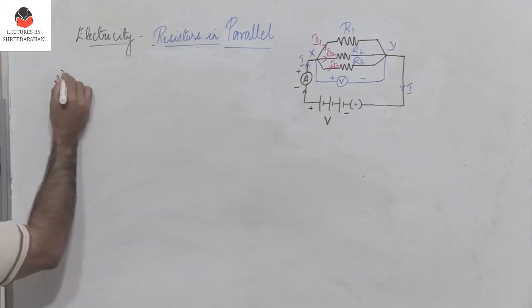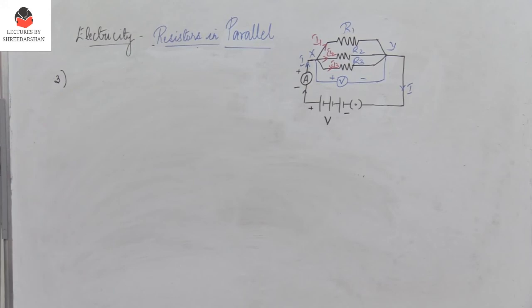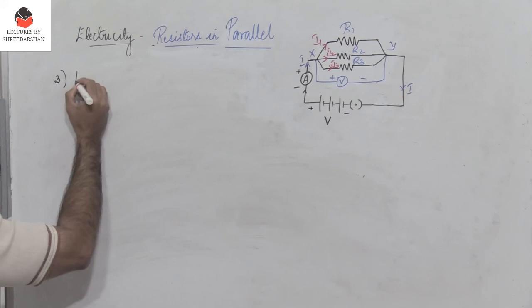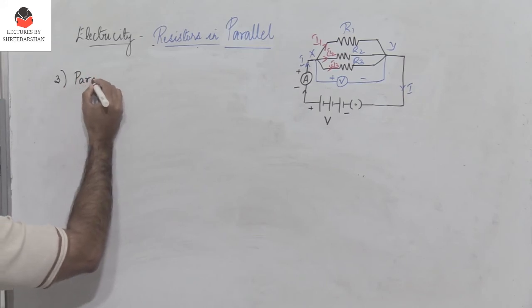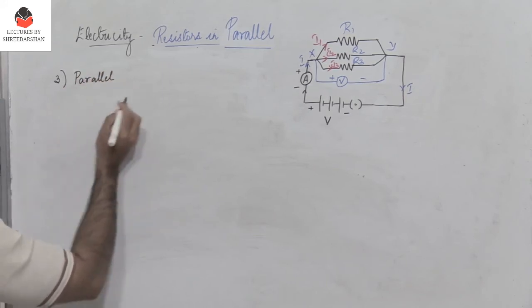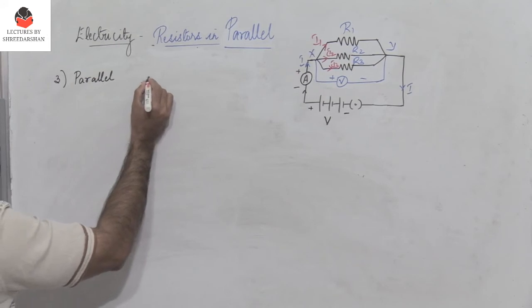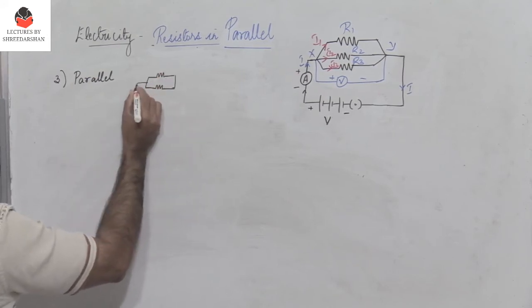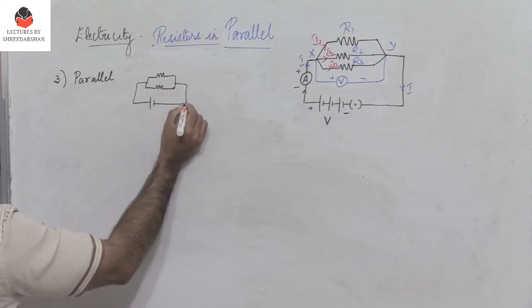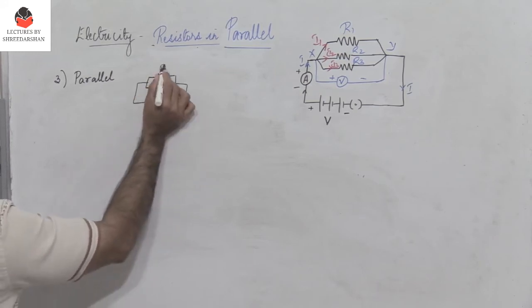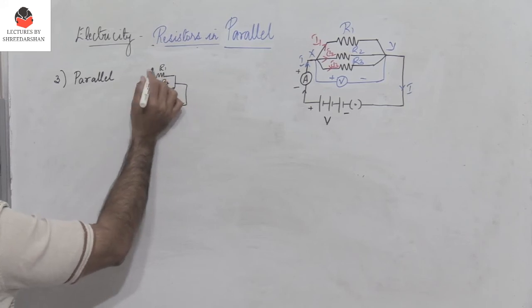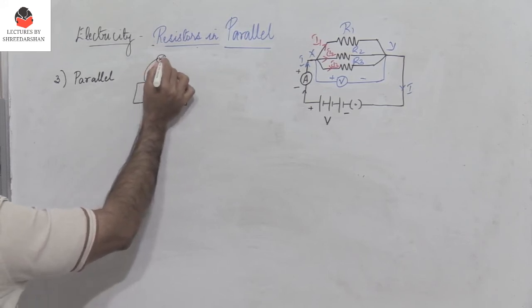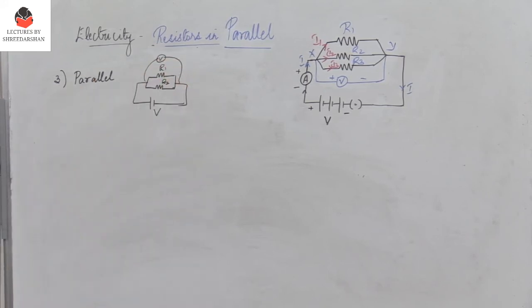So the third question, what is the advantage of connecting electric devices in parallel with the battery instead of connecting them in series? So we know that if I have two or more devices which are connected in parallel, and if I have voltage V, then the voltage across each device is going to be V. So what is the advantage?